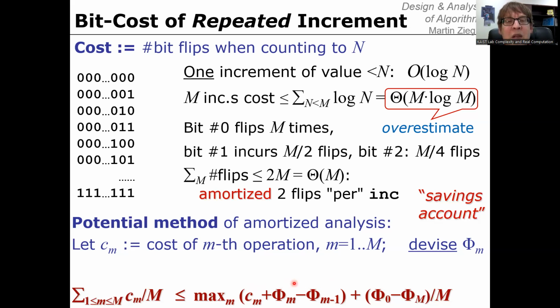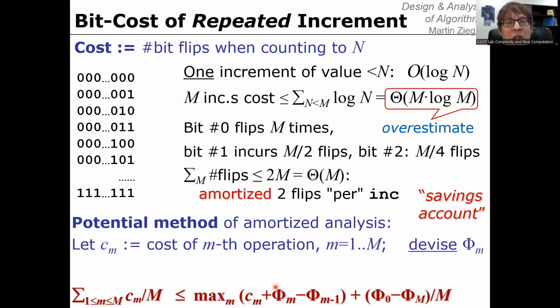So that means in each step, we can either put some money into the bank account, which means that this difference actually becomes positive, right? So putting money in the bank account means that after the mth operation, the bank account value is larger than before. Then before means after the m minus first operation.